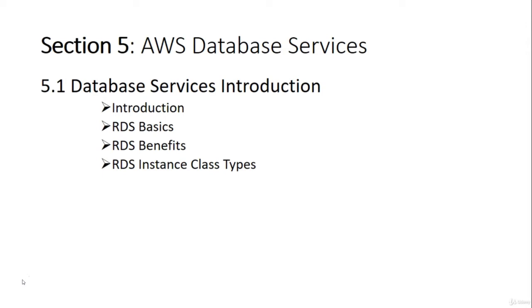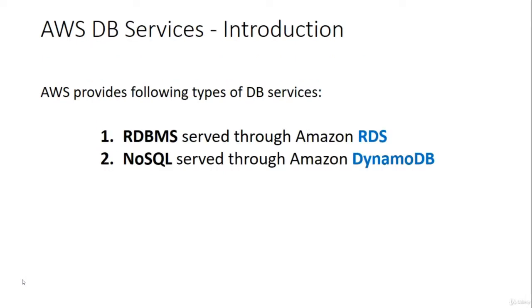Here we will talk about introduction, RDS basics, RDS benefits, RDS instance class types. So let us see. AWS DB Services Introduction. AWS provides the following types of DB services: RDBMS, that is served through Amazon RDS, and NoSQL, that is served through DynamoDB.